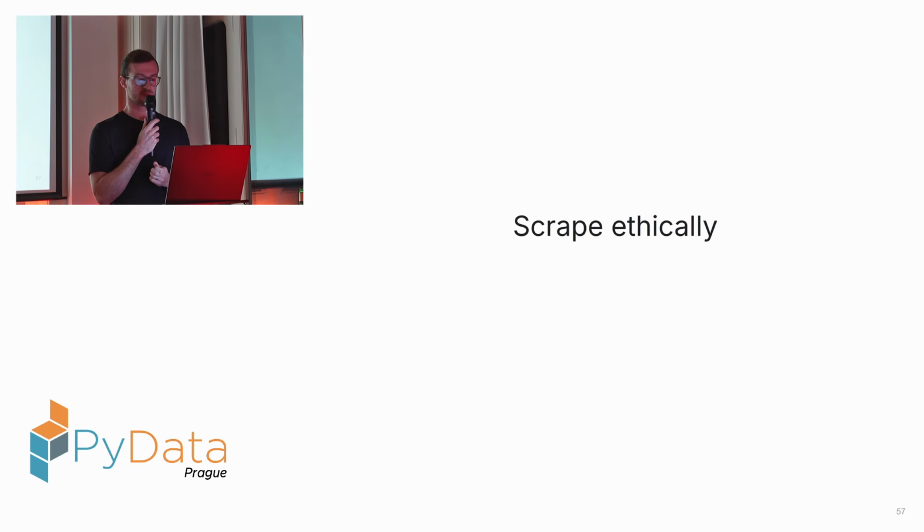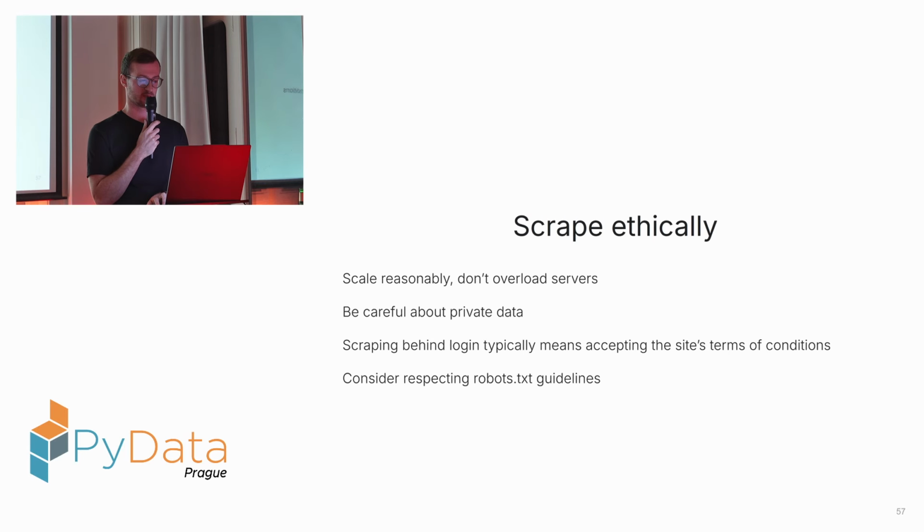And before we finish, let me say something about the ethics of web scraping, because certainly we don't want to do any harm. So we should, as I already said, scale responsibly and try not to overload the servers, because for small sites, the automated traffic might really be a problem. We should also be careful about private and sensitive data.